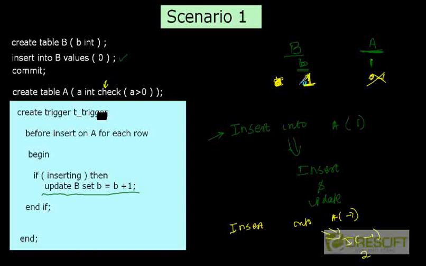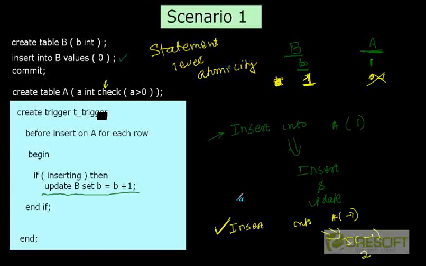So what I am saying is that if this insert statement fails, then whatever changes it caused are also rolled back, and this is essentially called statement level atomicity.